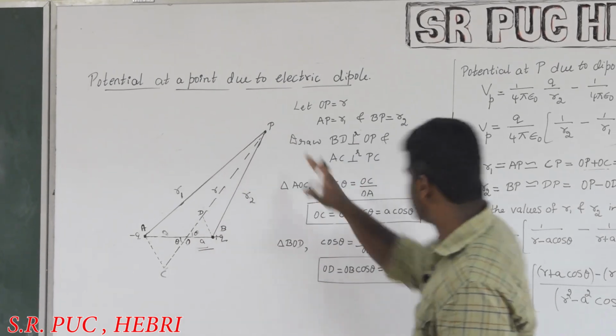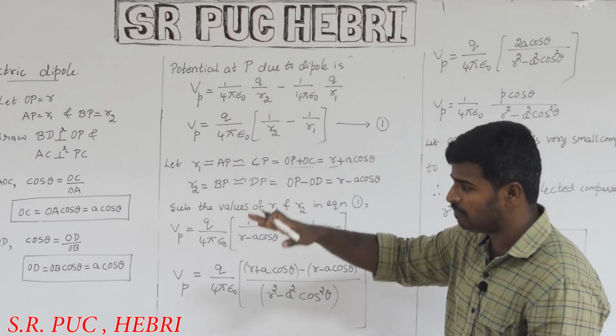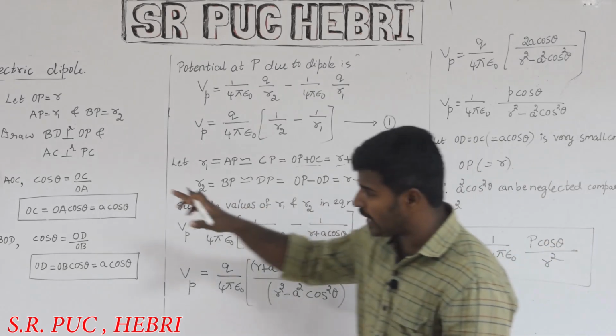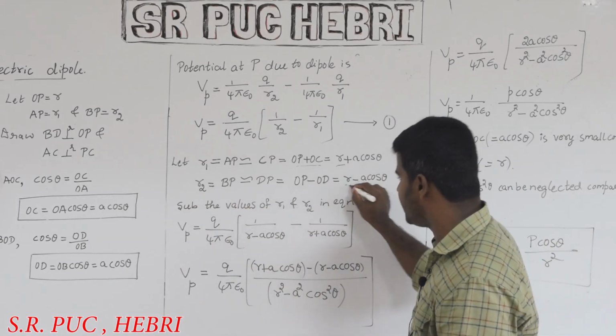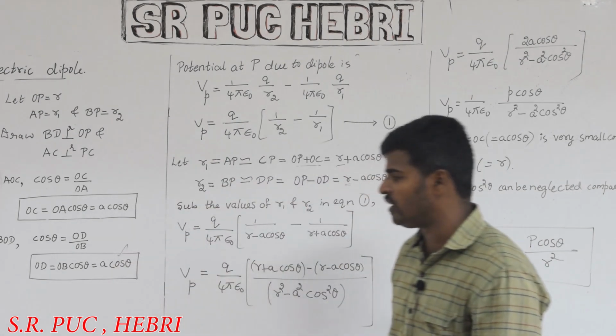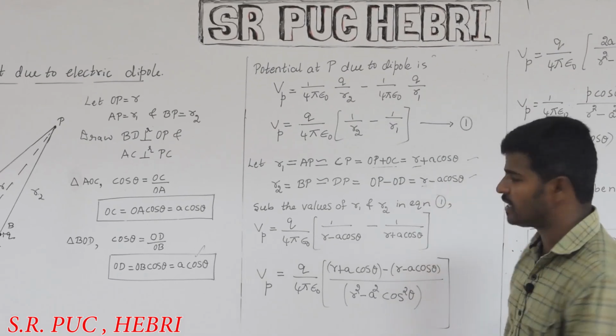Therefore, DP is equal to OP minus OD. The value of OP is again R, that I substituted here. Then OD is equal to A cos theta, which I have already proved. Therefore, OP minus OD is equal to R minus A cos theta.